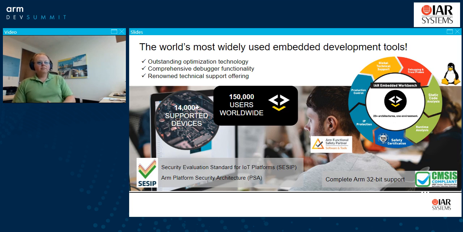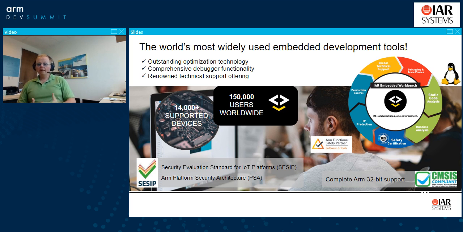IAR Systems is the world's oldest embedded C compiler company. We started in 1983 and we've been around for quite some time. We support over 14,000 different devices with our tools, and we have over 150,000 paying users worldwide.